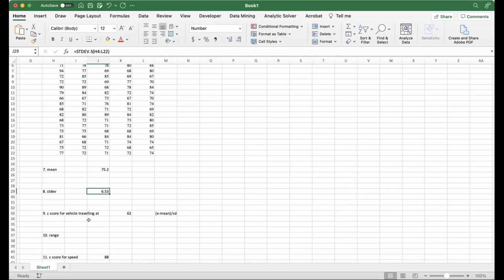You want to be careful with the parentheses. So pay attention to what I'm doing here. I put the parentheses first, then I do x, so our x, minus our mean, close parentheses, then divide it by the standard deviation. If you don't put the parentheses in the right places, you're going to get the wrong answer. Okay, so there we go.